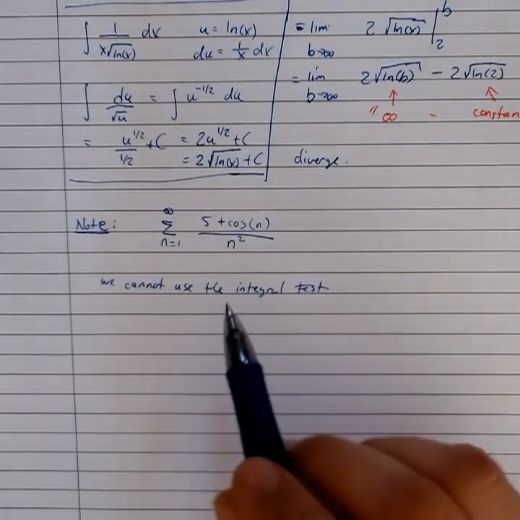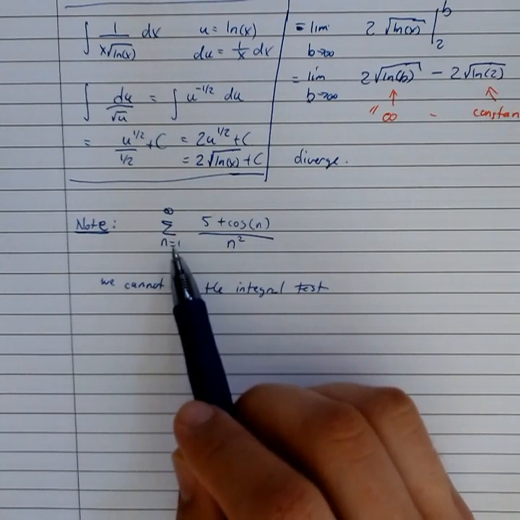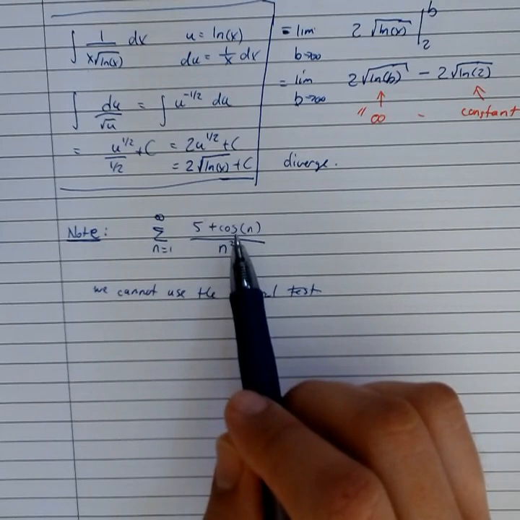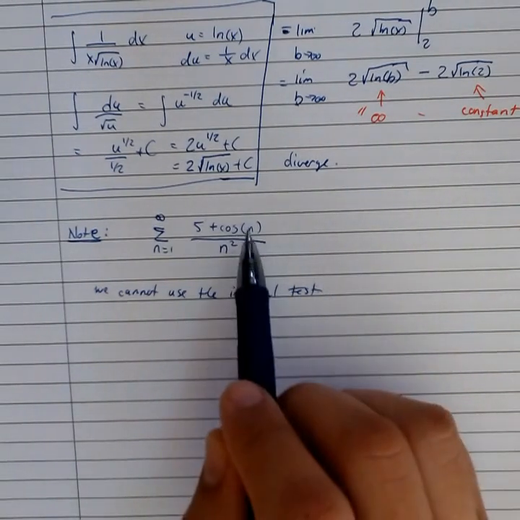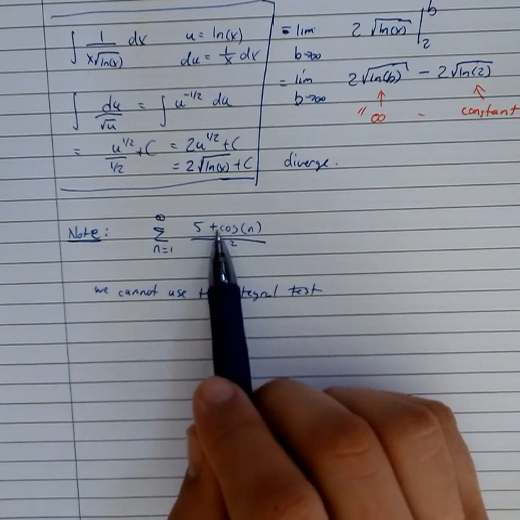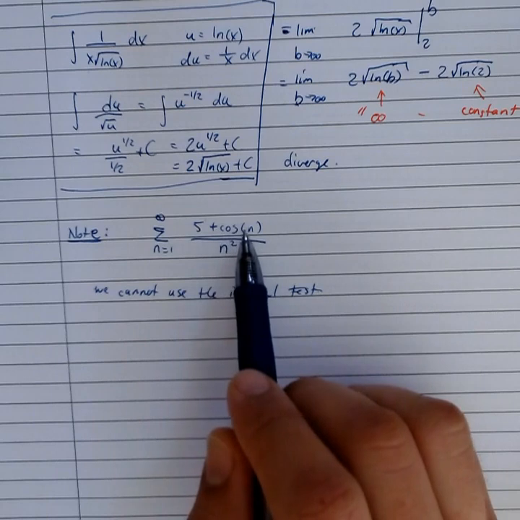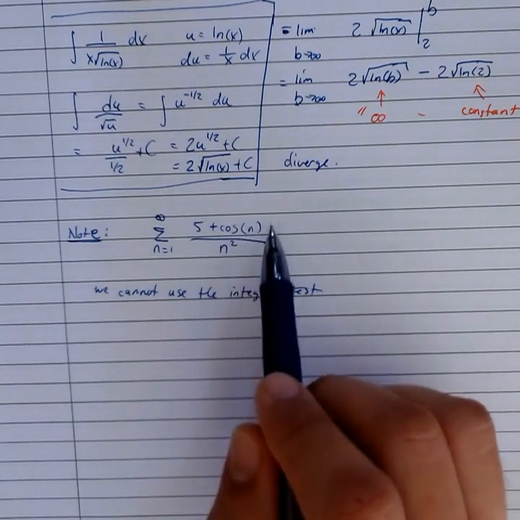So my function is positive and it's continuous. And it's decreasing. Oh, wait, no, it's not. Because if n is a number from 1 to infinity, well, notice that cosine is a periodic function. It oscillates up and down and up and down. So here, if I have 5 plus the cosine of n, or 5 plus the cosine of n of 1 or 2 or 3, this can go up or down or up or down.